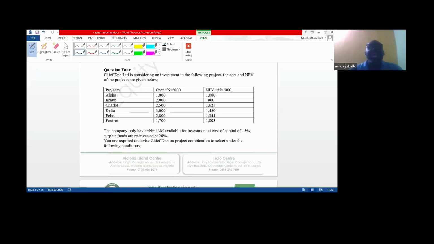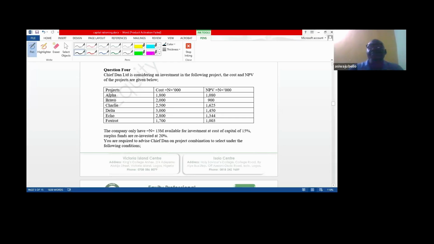We have the initial investment cost, and we have the net present value of the project. The company only has 13 million naira available for investment at a cost of capital of 15%. Surplus funds are reinvested at 20%.